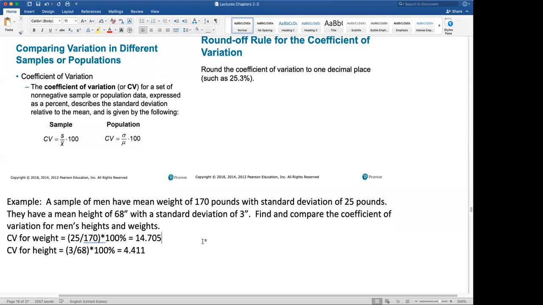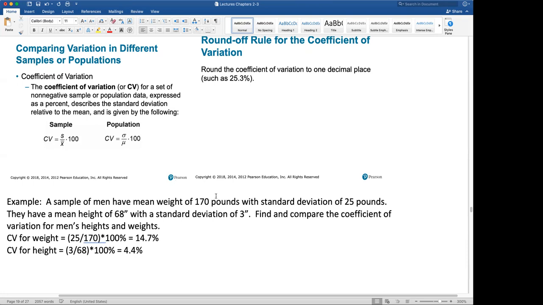All right, so we got these numbers, 14.705 and 4.411. When you calculate variation, standard deviation, or variance, normally we round off to 1 decimal place. So the CV for the weight is 14.7% and for the height 4.4%.